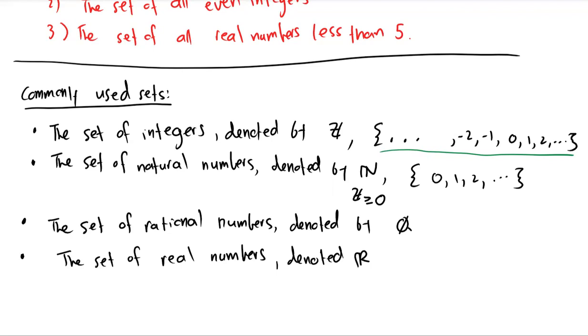For the set of integers and of natural numbers, we just increase or decrease the integer by 1. So we can use this shortcut where we use 3 dots, and that makes it obvious that we're just following the pattern. Now, it's not always possible to do this because not all sets have patterns like this. So in order to deal with those situations, we're going to introduce this notation here.